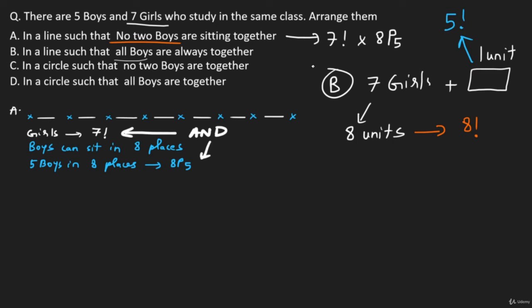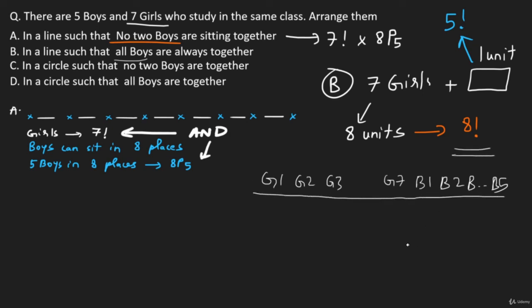What does that mean? For example, one way would be you have the 7 girls like this: G1, G2, G3 up to G7, and you have the 5 boys as B1, B2, B3 up to B5. Now, the next one in 8 factorial would need this arrangement to be different, right?